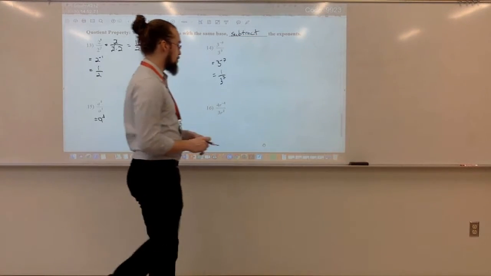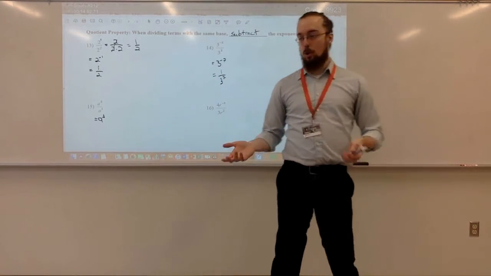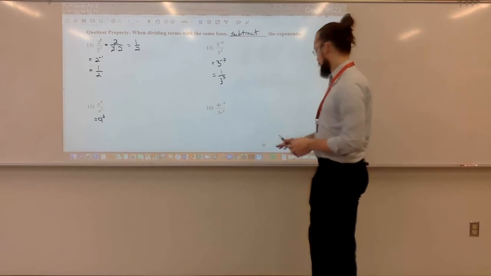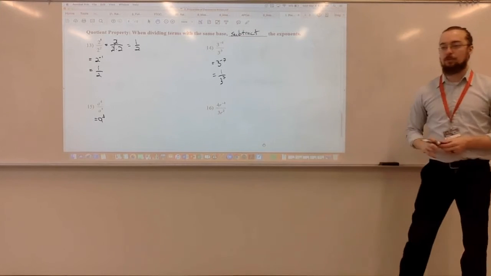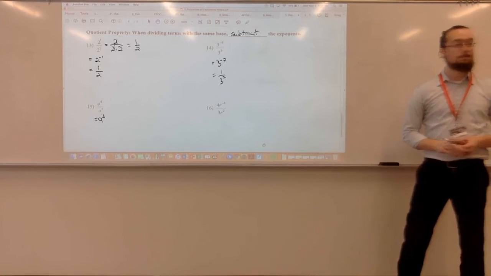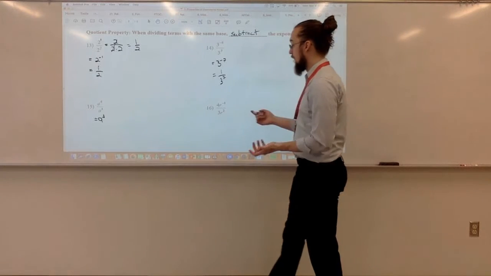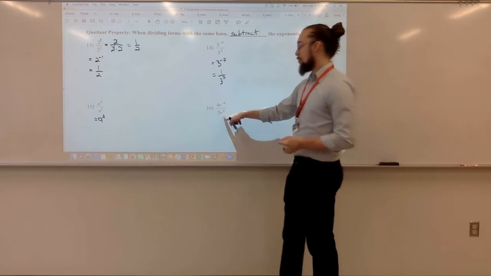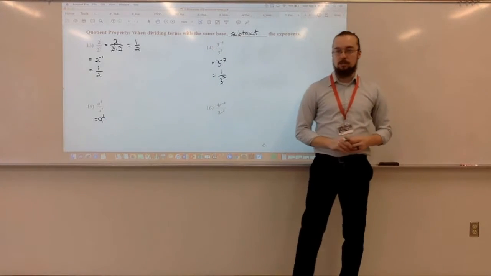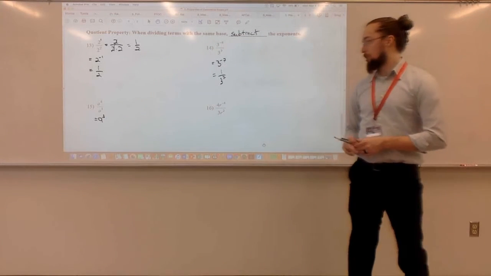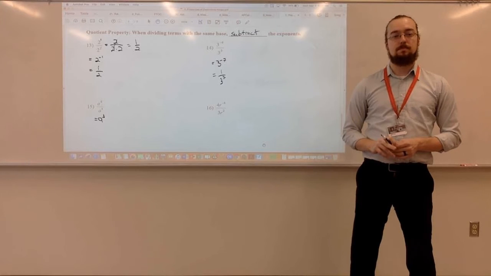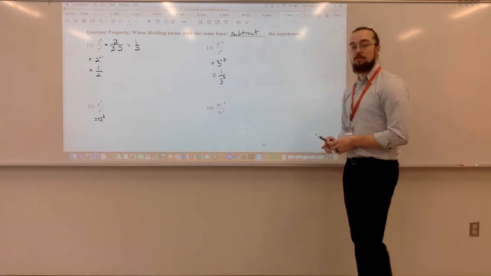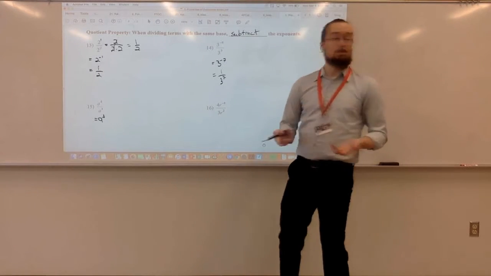So on number 16, we throw in some coefficients. I've got 4 over 3. Can I do anything with 4 over 3? No, I can't reduce that fraction. That part's just going to stay. Then I've got r to the negative 4th over r squared. What should I do with that? Just subtract the exponent.